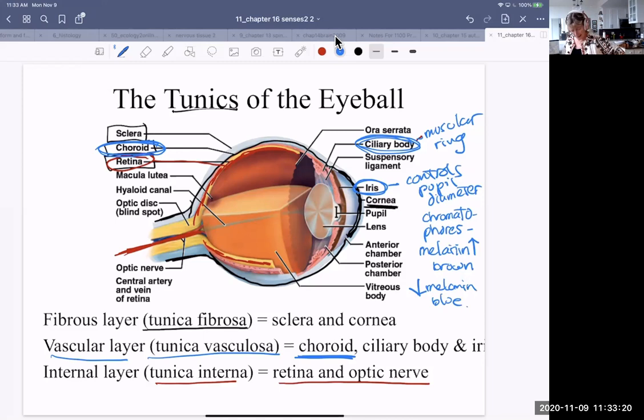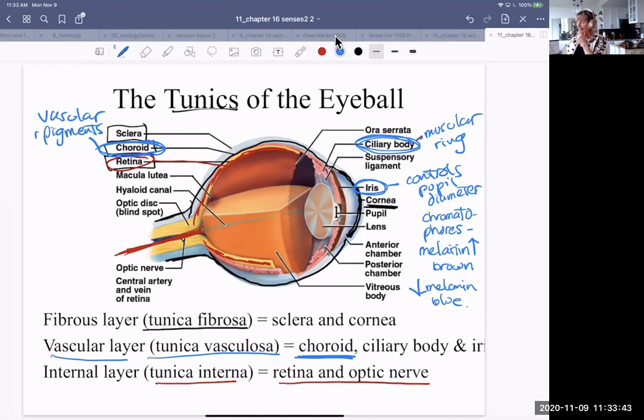Let's see if I need to say anything else about that. Oh, the choroid. Yeah, the choroid is highly vascularized. It's vascular and pigmented. When you see it, we'll show you a dissection.